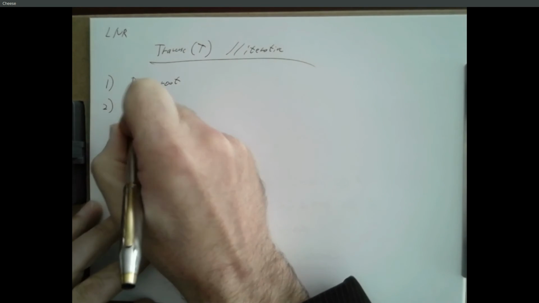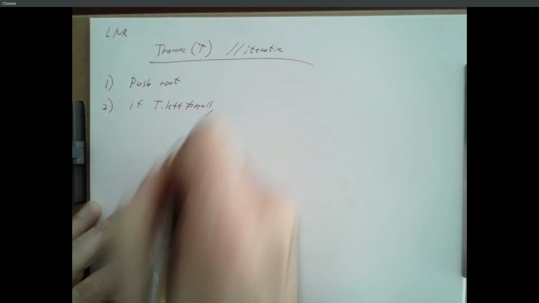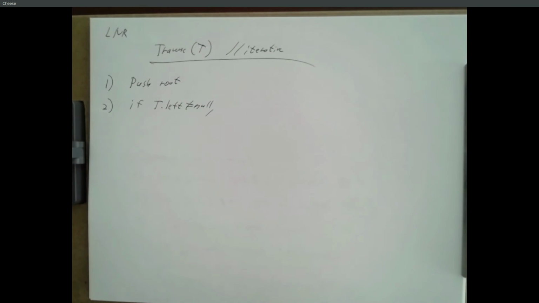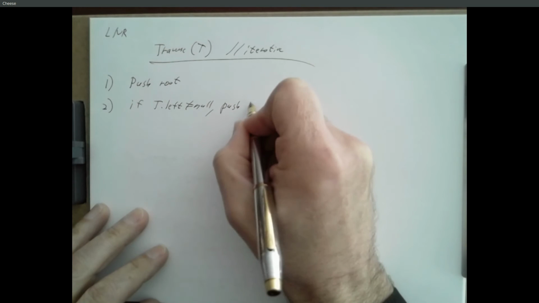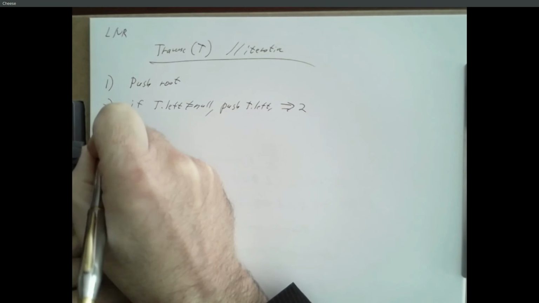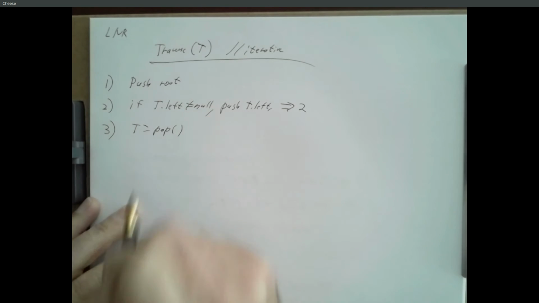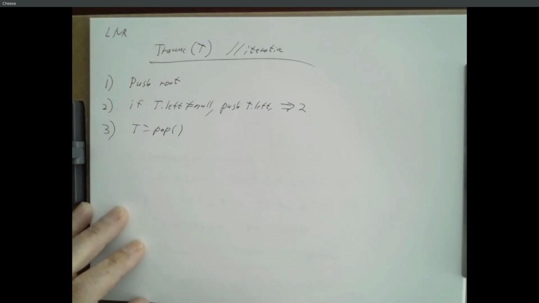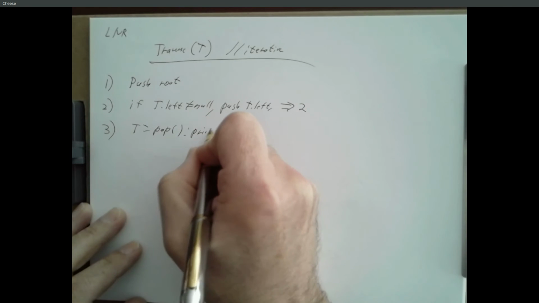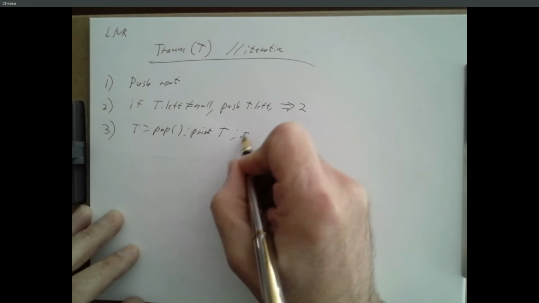Step 2, if t left is not null, push it and go to step 2. Step 3, pop whatever's at the top of the stack, call that t, print out the data at the root of t, and that's all we do.